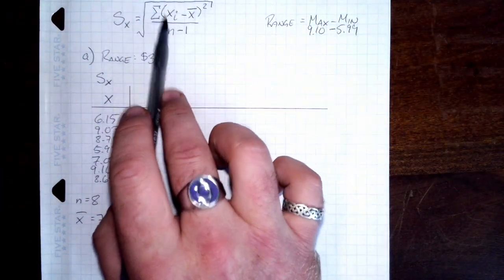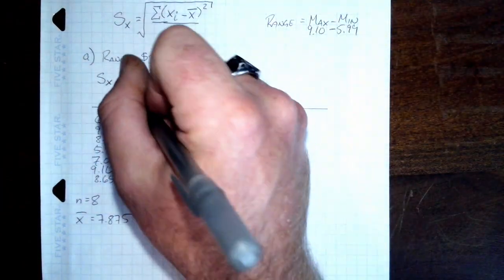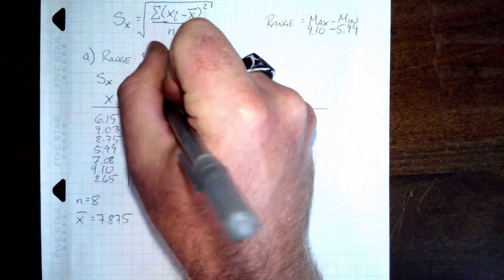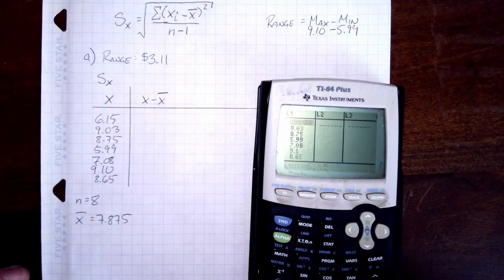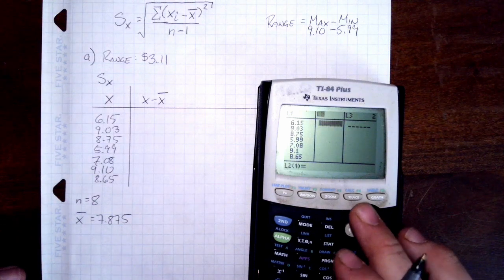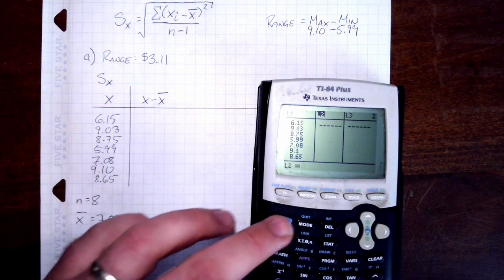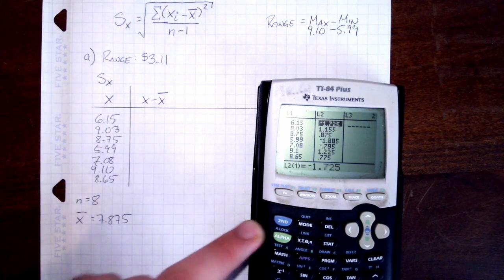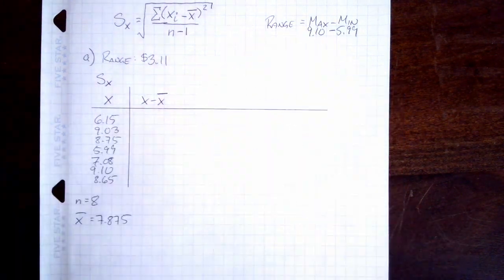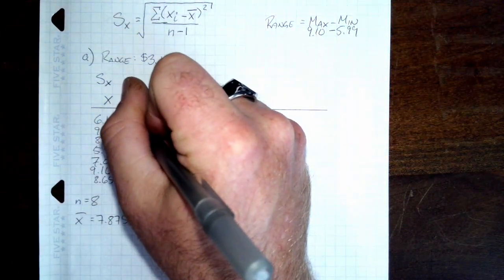So working from the inside out, every individual x value minus our mean. X minus x bar. So going back to our list, stat edit, we can now define a whole list, go up to L2 and hit enter. Second one, take everything from L1 and subtract our 7.875. And now we have all of those values to copy into our chart.